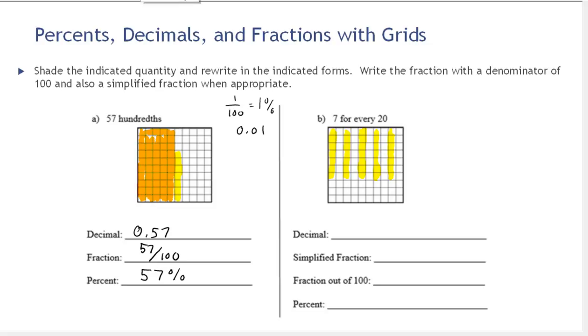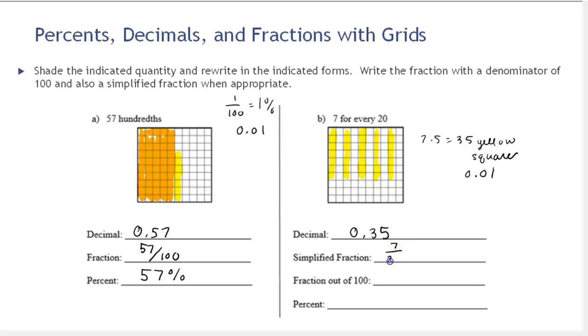Okay, so notice there's 7 times 5, or 35 yellow squares shaded. And each yellow square is 1/100th. Okay, so as a decimal, we would write this as 0.35. As a simplified fraction, we could actually refer to 7 for every 20.